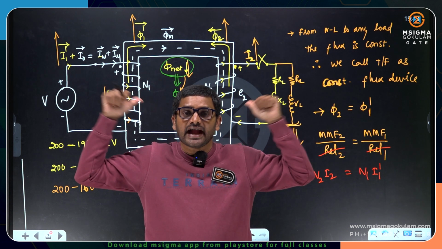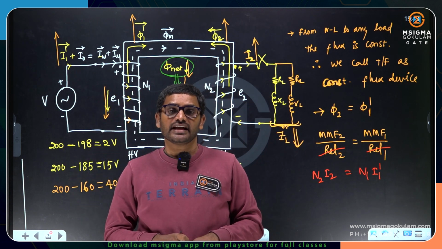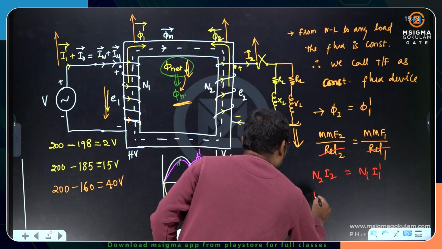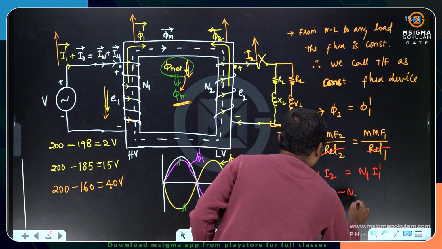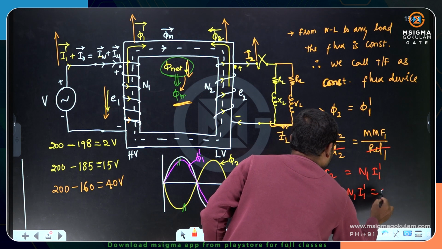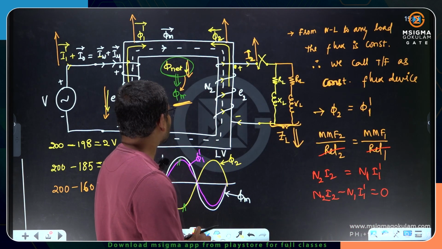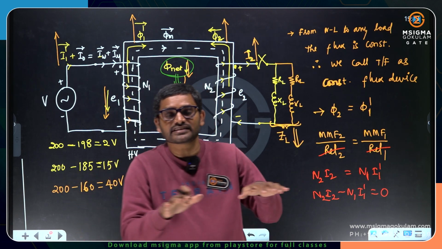The net force acting on the core is 0. So what I can write here: N2 I2 minus N1 I1 dash is equal to 0. Net force is 0. If net force is 0, I can say that the transformer cannot move to any one side.